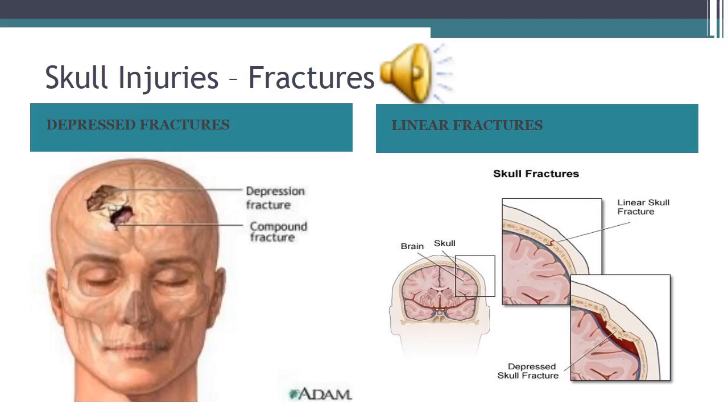Or it can be a linear fracture, where there is no disruption of the level of the fracture, superior or inferior, but there is disruption of the integrity of the inner and outer table of the skull.